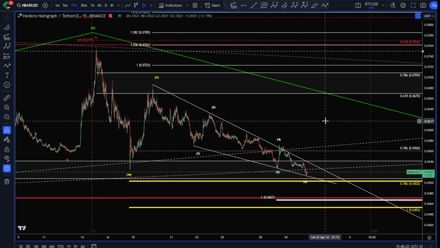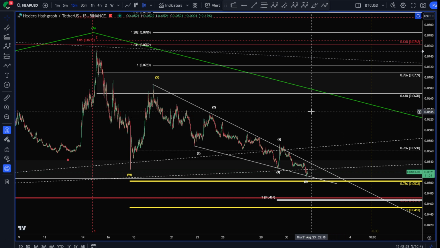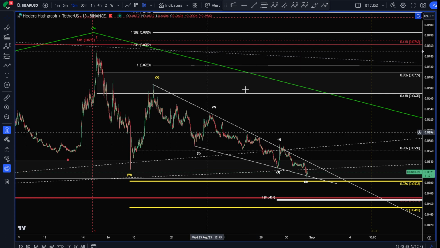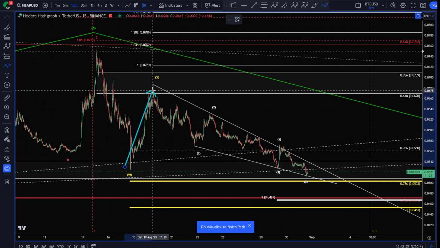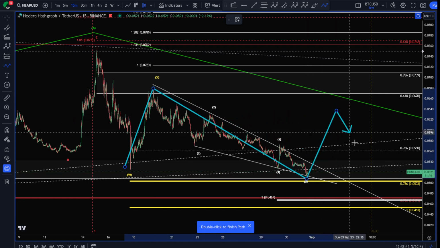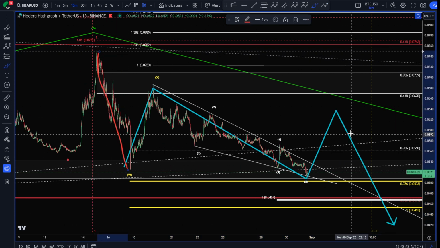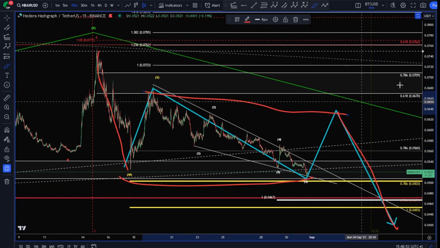Okay. So a couple counts I'm considering: if this isn't a diagonal and a complex correction in here, this can still be a flat where we have A, B, C, and we make further downside, where this would end up being the larger correction in here.